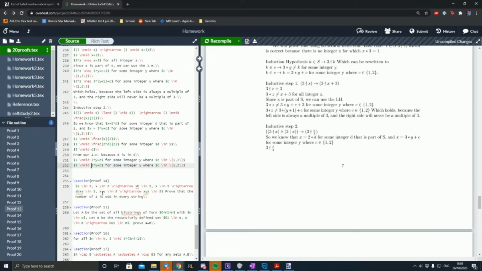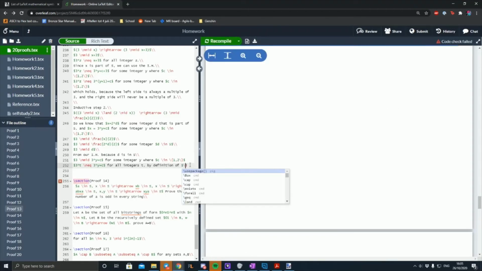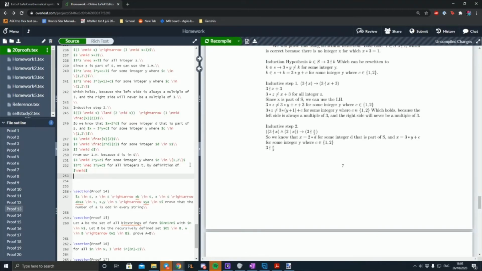And then we can say d or 3 times y, or times t, whatever, for all integers t, by definition of mod.